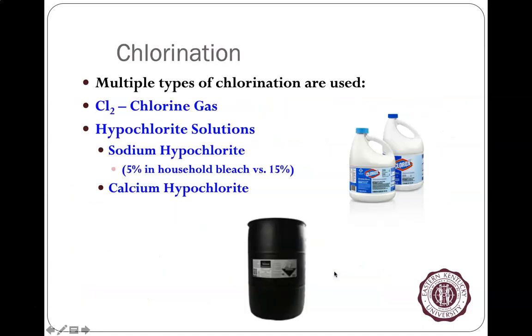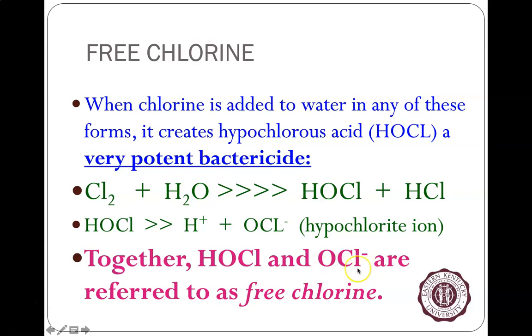Now, does this OCl, the hypochlorite ion, also disinfect? Yes, it does too, but it's not as potent. So it's important to remember that from a coagulation and flocculation standpoint, early on, higher pH is better for the water plant.